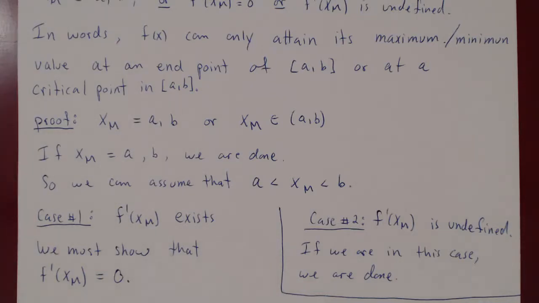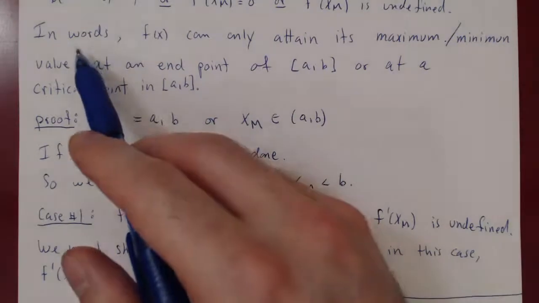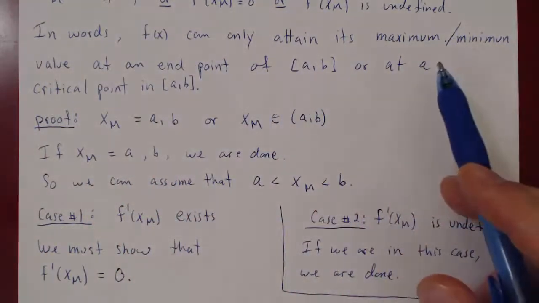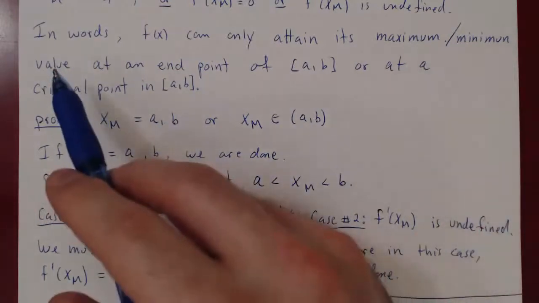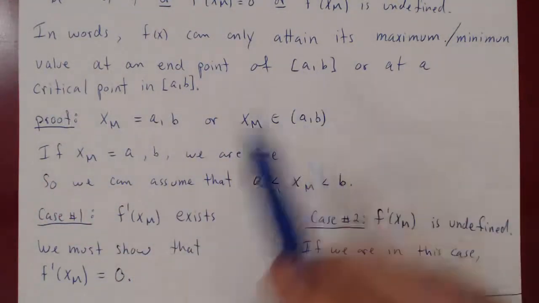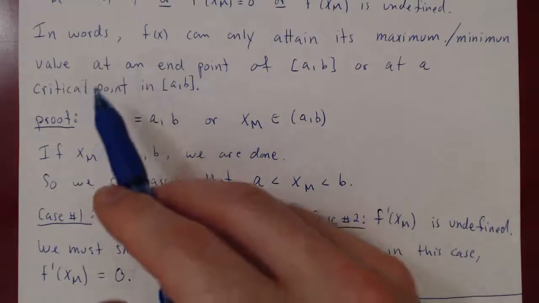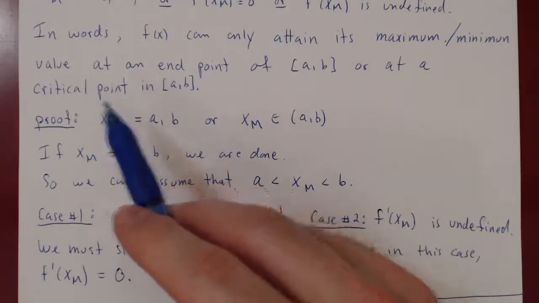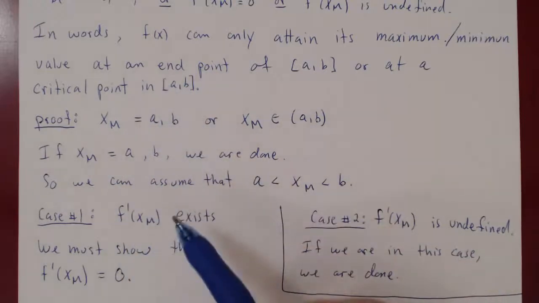The question is, where should we look for an absolute max and an absolute min? And the answer is surprisingly simple. The function can only attain its maximum and minimum value at either an endpoint of the interval or at a critical point, therefore a point where the derivative is 0 or undefined inside of the interval.